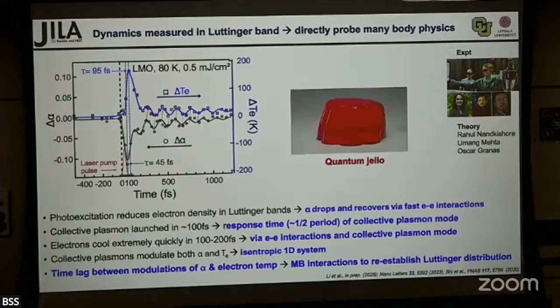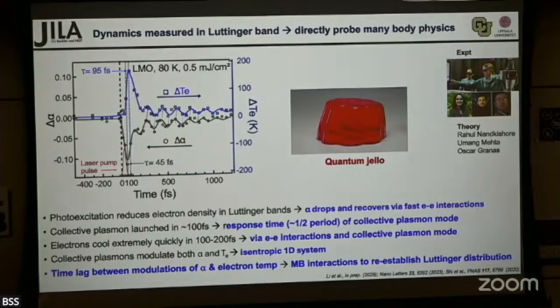So I like to call this the quantum jello. It's like when you have jello in a container. I think about the electrons as jello. They're in the lattice, but they don't see the lattice in a Luttinger liquid. So if you poke the jello, it'll vibrate itself and not really care about the container. I don't know if that's a good analogy or not.